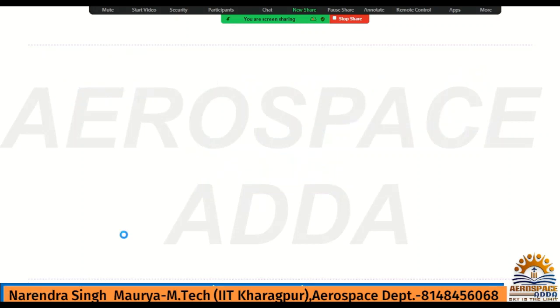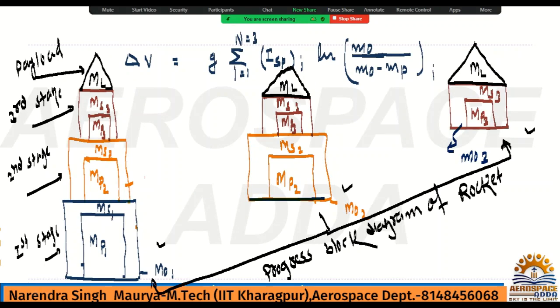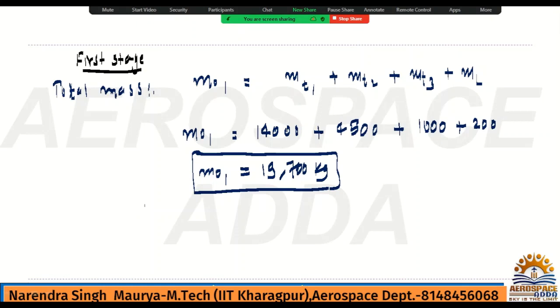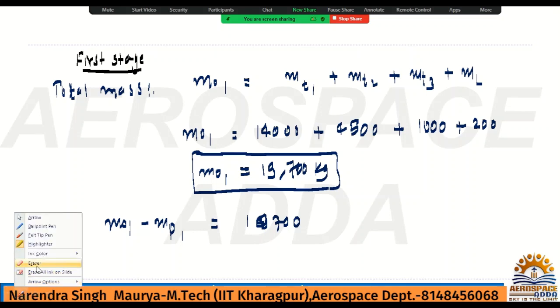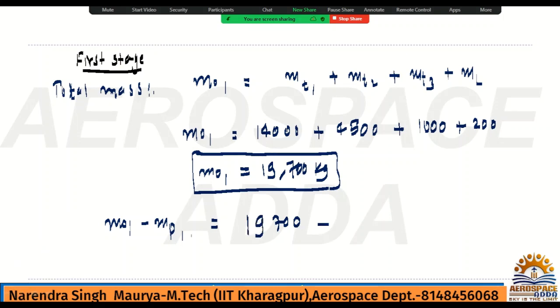In the formula, if you check, what is the formula? m0 minus mp, if I'm talking about the first stage. So what is m01 minus mp1? It is 19,700 minus mp1.